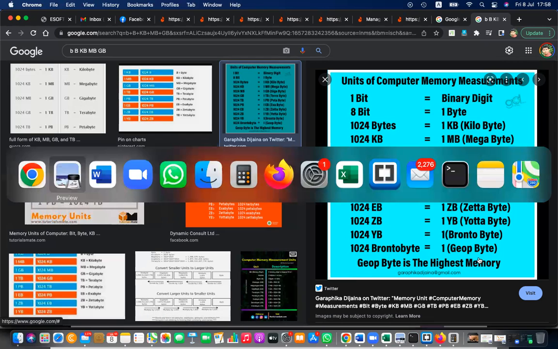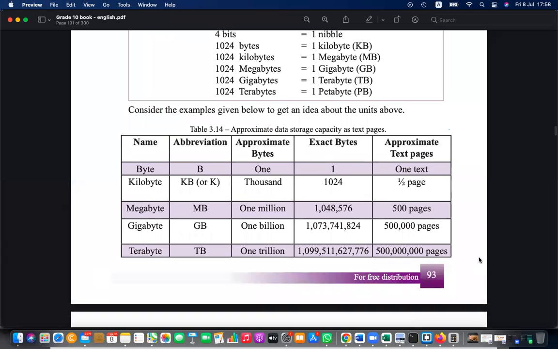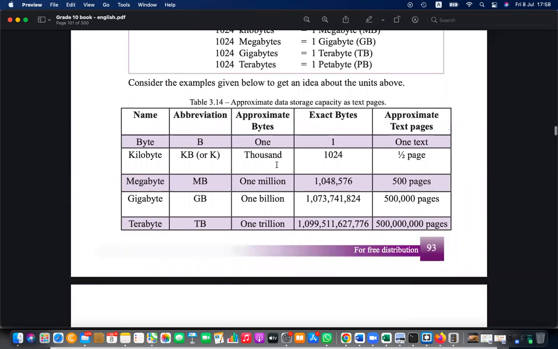Okay, let's go back to the lesson. You can see in this diagram, when the size increases, what happens to the text pages? Using 1 KB you can store half a page, because 1 letter takes at least 1 byte minimum.